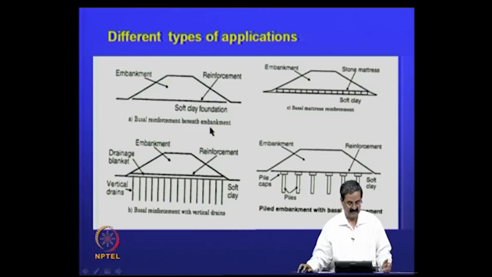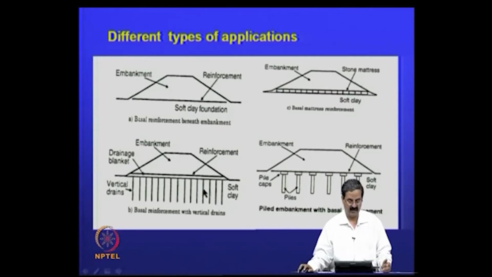Then there is another case where we have seen the embankment on soft soils with prefabricated vertical drains, but then you have a reinforcement here that helps a lot in designing this whole thing. This can even be stone columns, or a combination of stone columns and prefabricated vertical drains. What we are doing is putting a reinforcement here so that the loads you are getting are lesser, or the construction can be done faster.